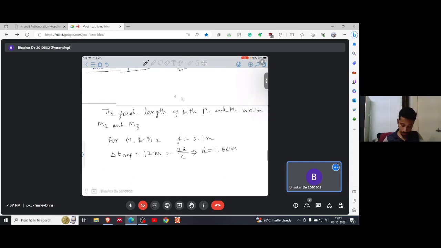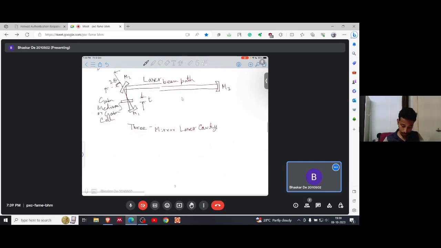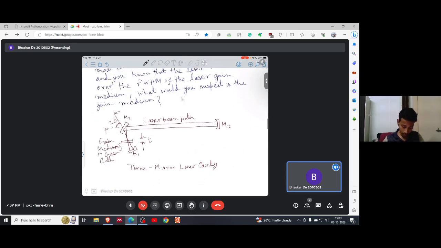So basically we have this 0.1 meter distance, or the 0.1 meter focal length. In this picture, if the picture is not exactly perfect, this focus point is somewhere here. So these two mirrors M2 and M1 are focusing the beam at the gain medium.